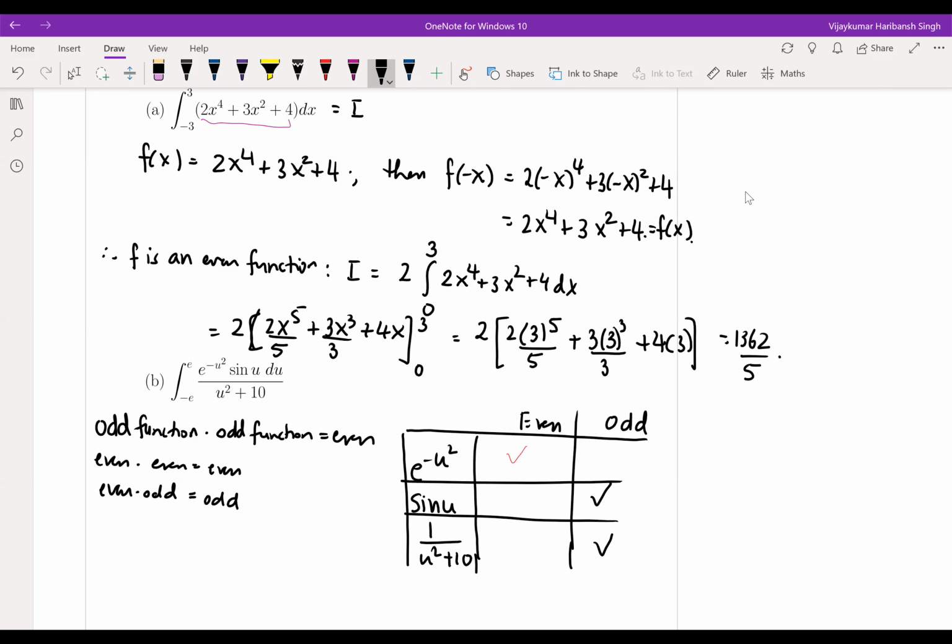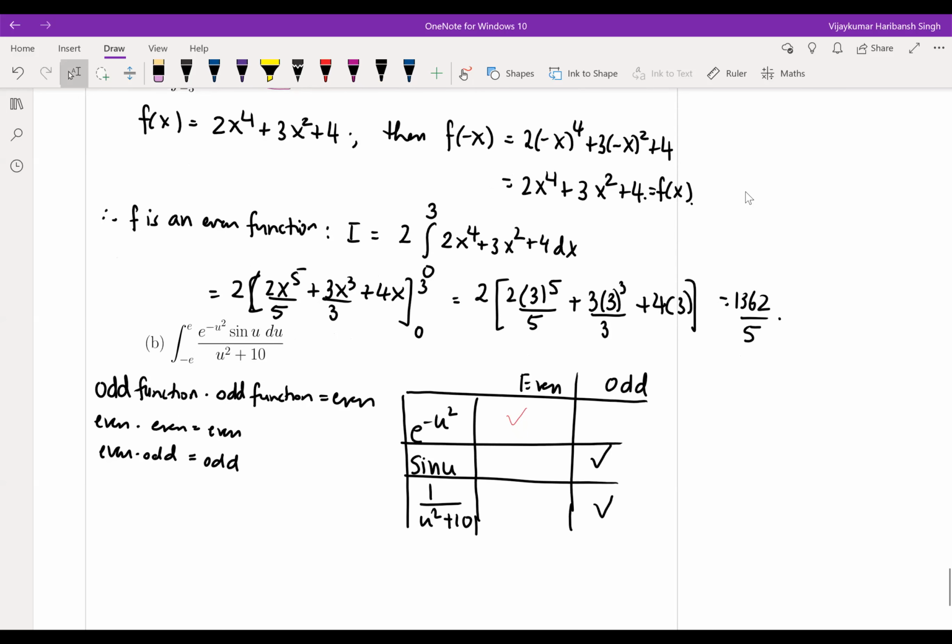Perfect. So now when you multiply all these functions, we get what? So f of u is what kind of function? You multiply two even functions, you get an even function.